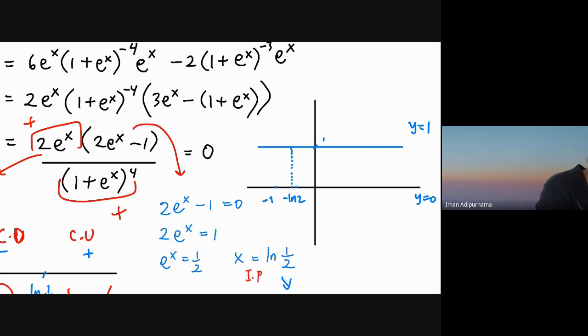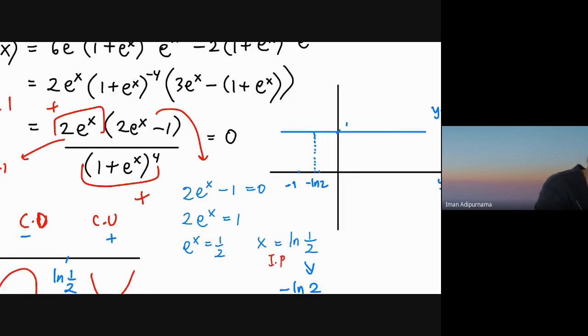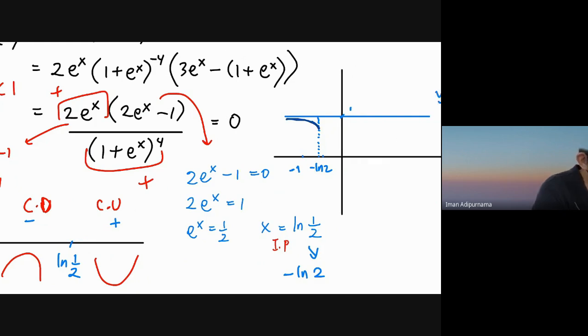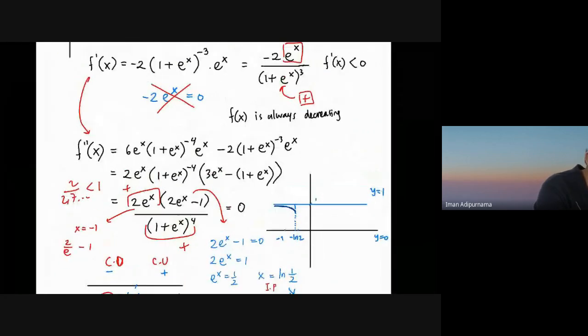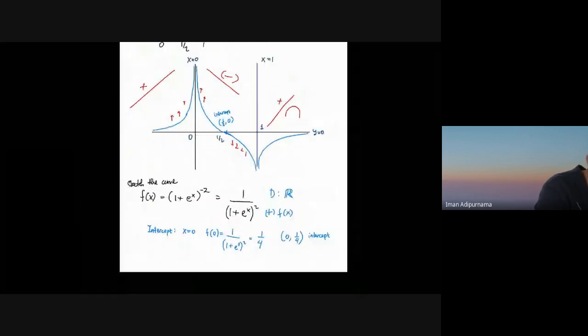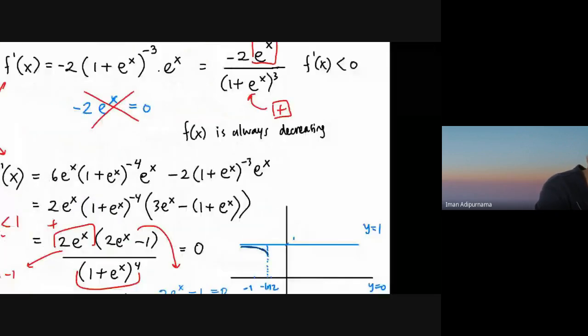So before negative ln 2 or ln half, it will be concave downwards, maybe until there. And then what is the intercept? It was 0 and 1/4.